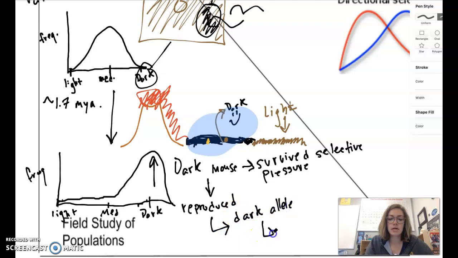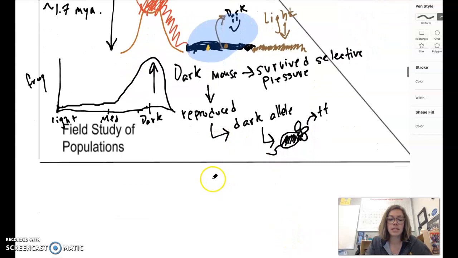And so now its offspring are going to have that dark allele. Look at those cute little ears. Okay, so they're going to have those dark alleles, and they're going to be the ones that survive. And now there's more of the dark allele present, and that's going to continue taking place over generations and generations. And what we see here is that a population, not an individual, but a population has evolved.